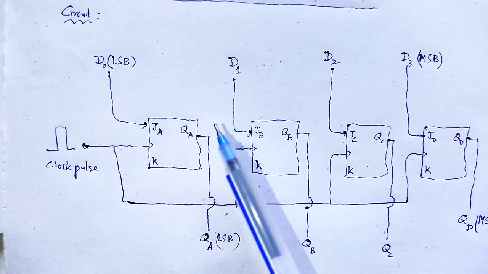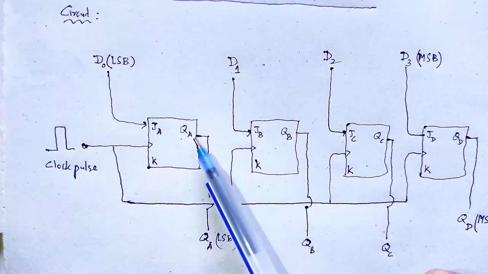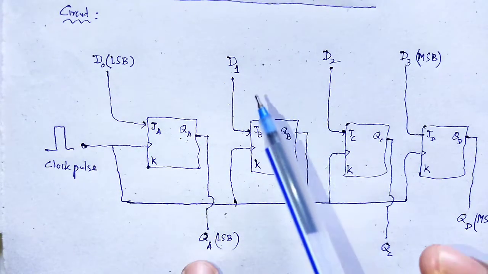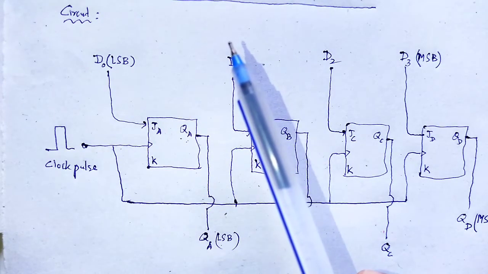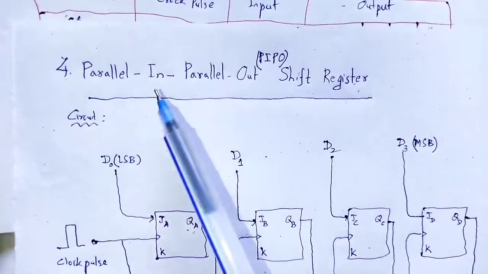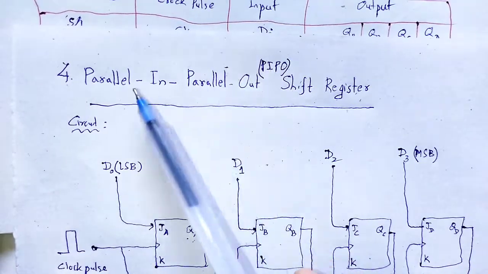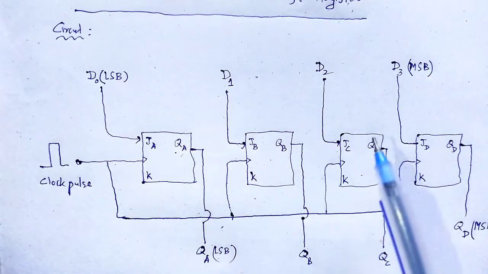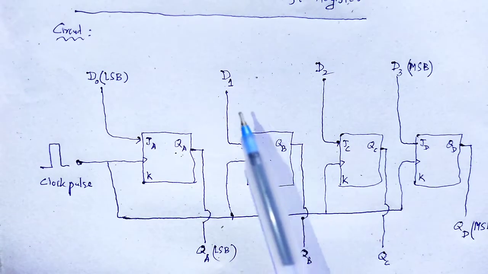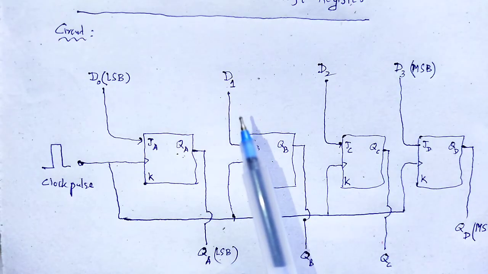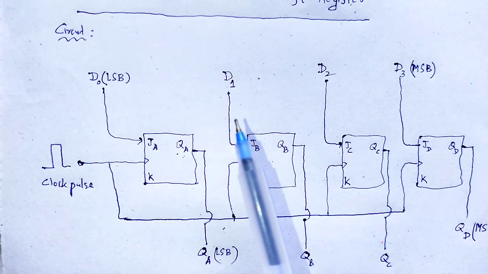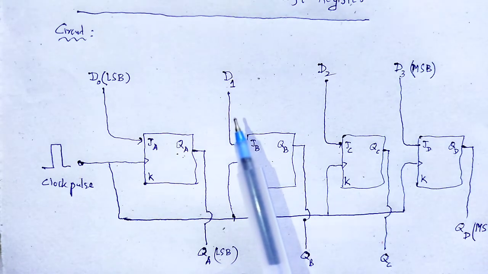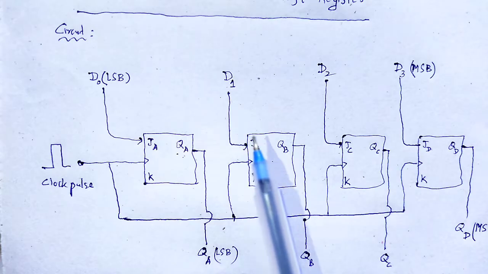In previous cases, all were interconnected, but here no serial shifting of data is required. Only the shifting is parallel to parallel, therefore no interconnection is required between these JK flip-flops. That is the simplest configuration among all the 4 configurations.